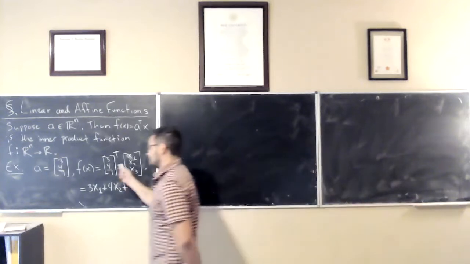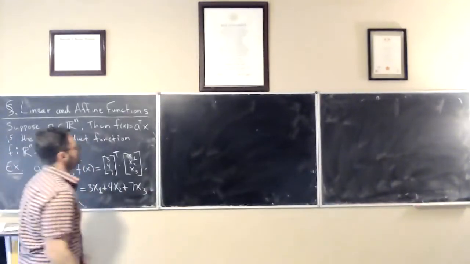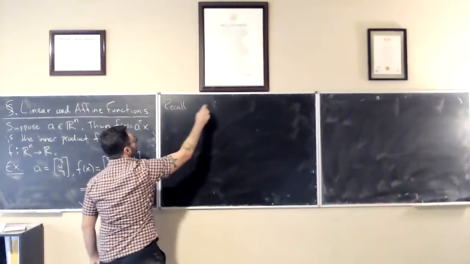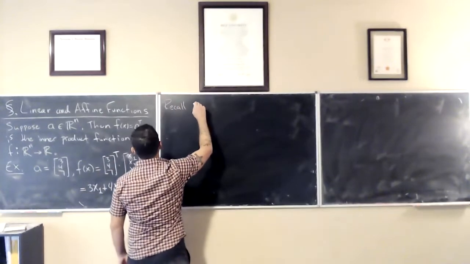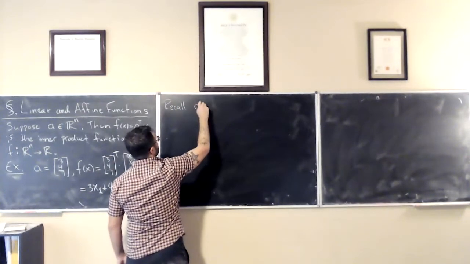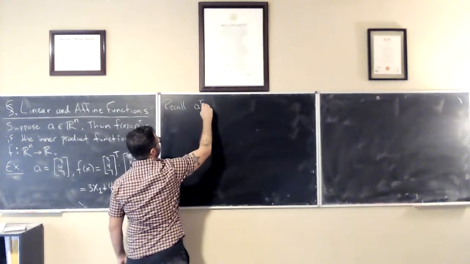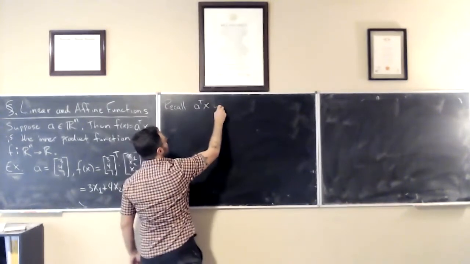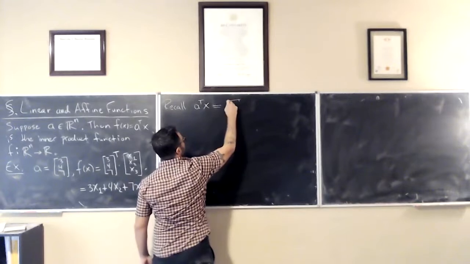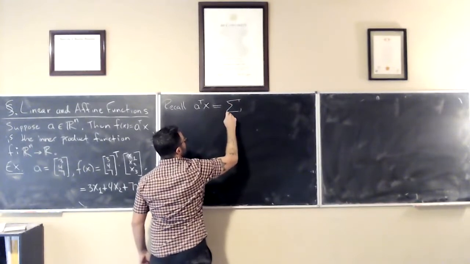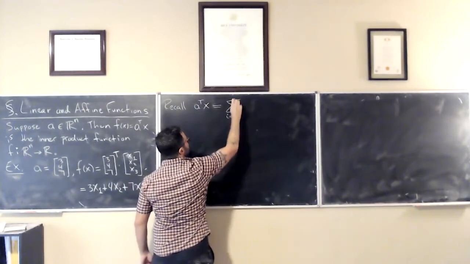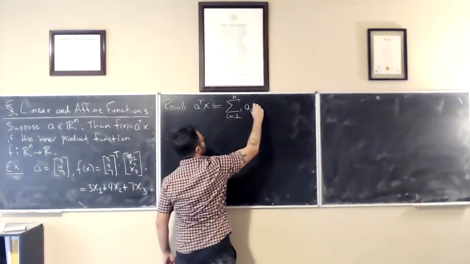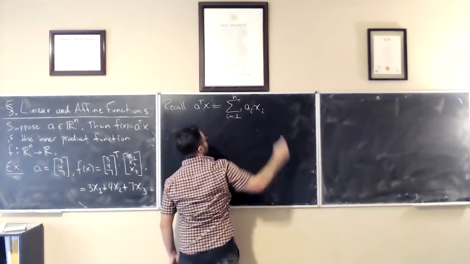Maybe I should just say, recall, A transpose x, the inner product A times x, is equal to the sum from i equals 1 to n of a_i times x_i.